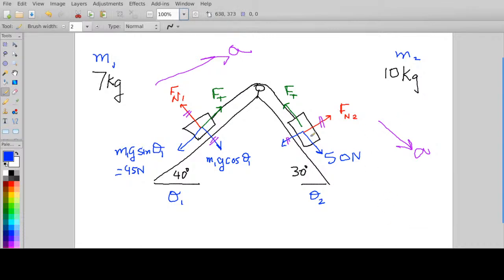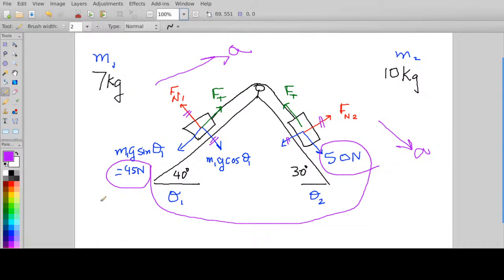Again, the perpendicular forces are all out of the picture for both the 7 and the 10 kilogram. The reason we know the acceleration is going to be in the direction I showed you is because if you compare this force here with that force there, you see that gravity, at least the parallel component of gravity, wants to pull the 10 kilogram down with 50 newtons, and it wants to pull the 7 kilogram down with 45 newtons.